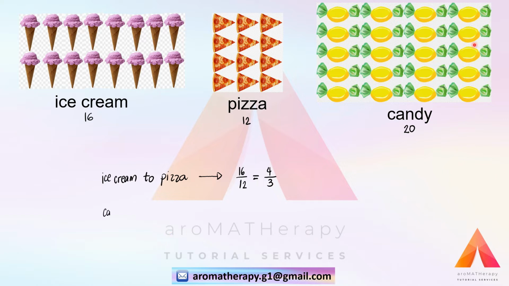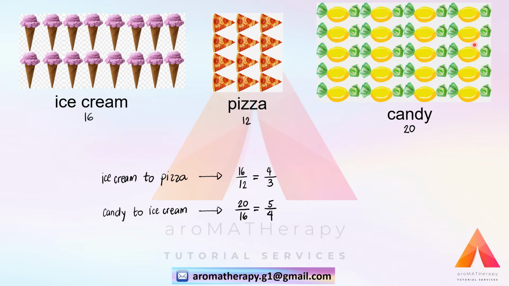Next, candies to ice cream. We have 20 over 16. And what is the greatest common factor of 20 and 16? 4. Okay. So dividing the numerator and denominator by 4, we have 5 over 4.